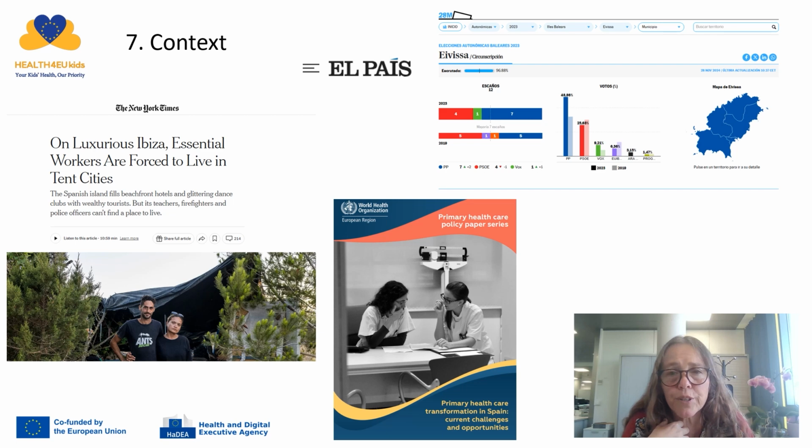And in 2023, during the implementation of Smart Family, there were elections, the government shifted to the right, and the primary healthcare directors and subdirectors changed. All these factors have influenced the Smart Family pilot in Eivissa.